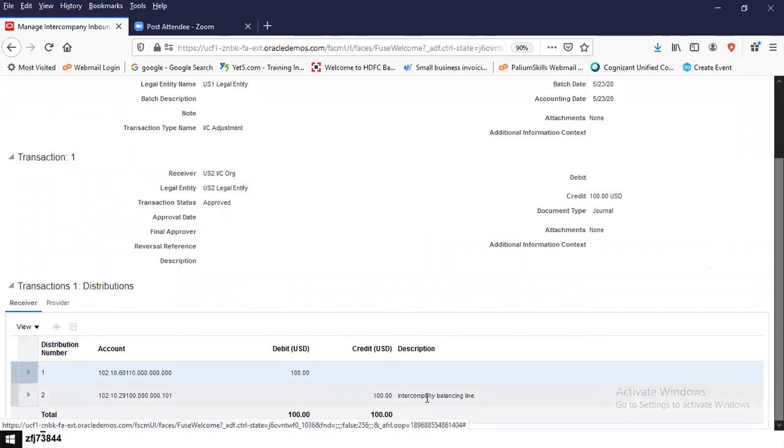See, the intercompany balancing line has been generated. Similarly, this is for the receiver, and similarly for the provider, you will have the other invoicing line generated, which is the opposite, the debit and the credit.